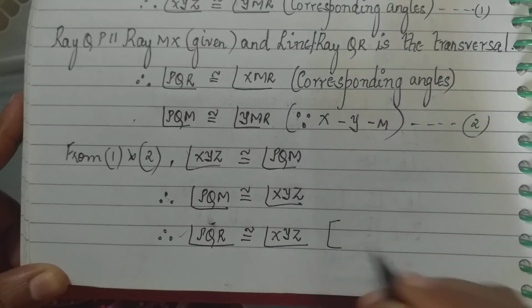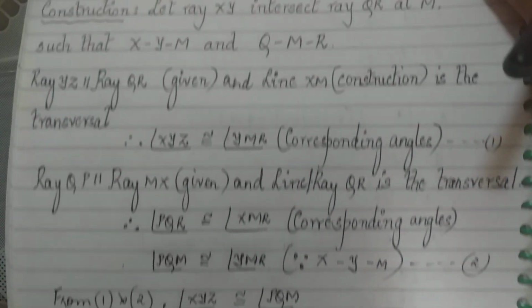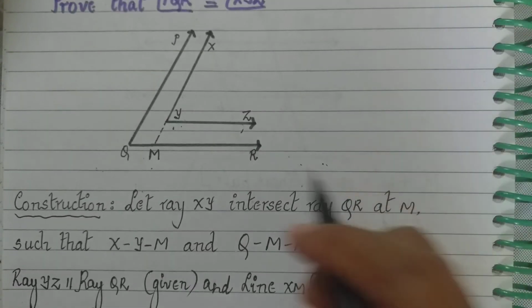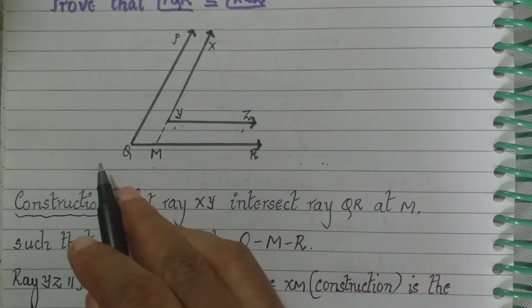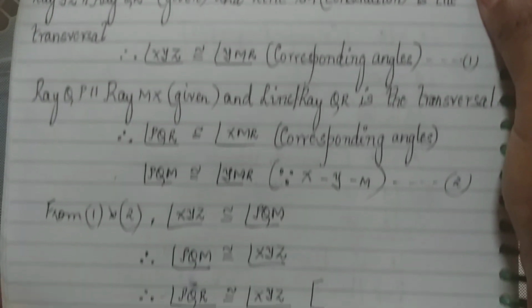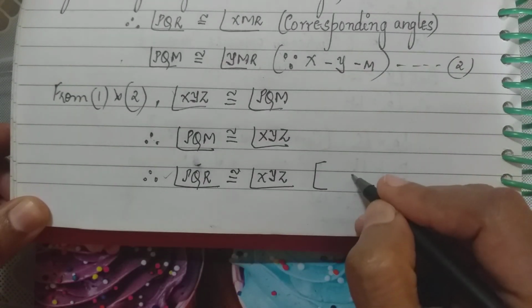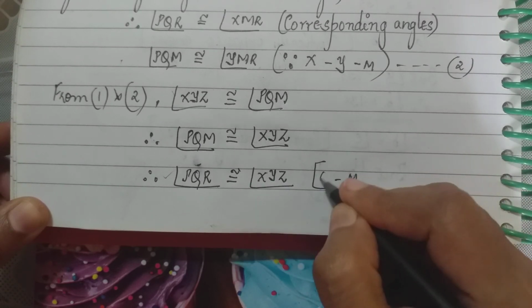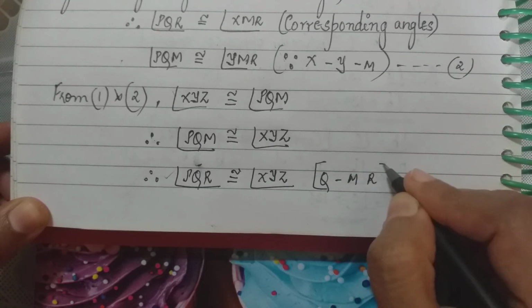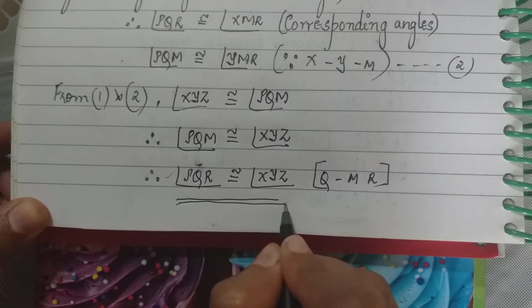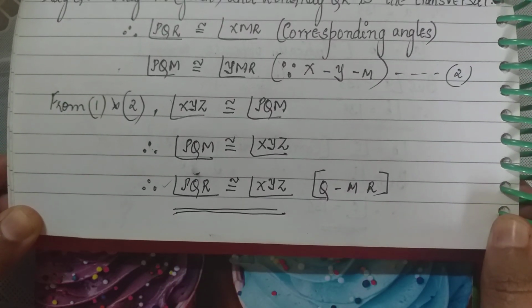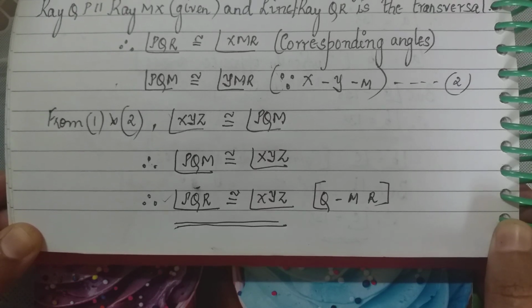We'll also write the reason why PQM became PQR. Why did angle PQM become PQR? Because M lies between Q and R. So we'll write the reason here, because M lies between Q and R. Therefore, we have proved that angle PQR is congruent to angle XYZ.